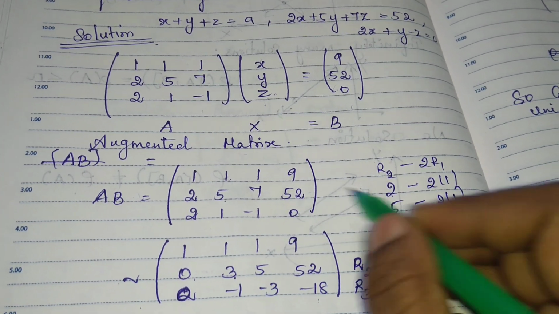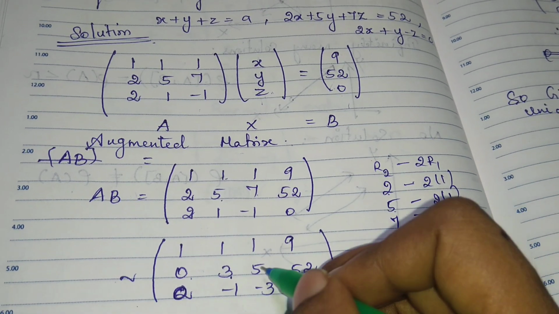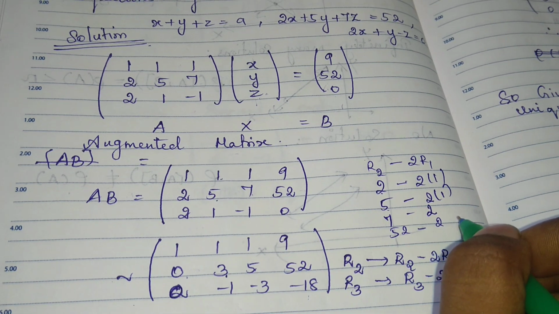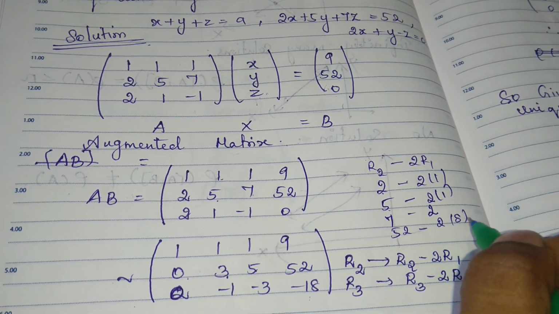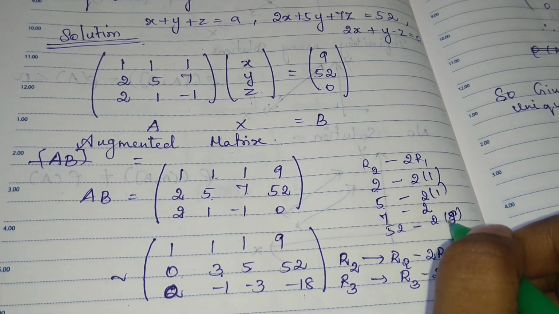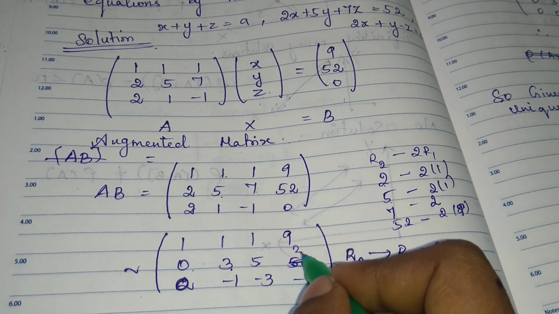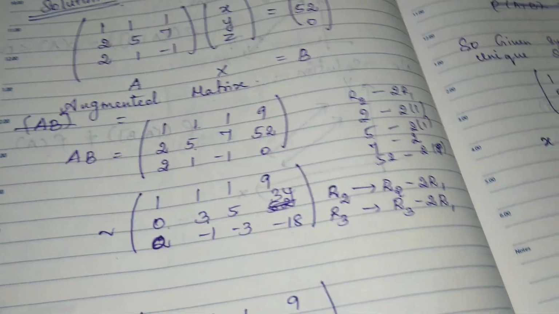Here in row 2 you have 7, and 7 minus 2 you get 5. Then 52 minus 2 into 9, you get 18. So 52 minus 18 is 34. This is 34 you will get here.